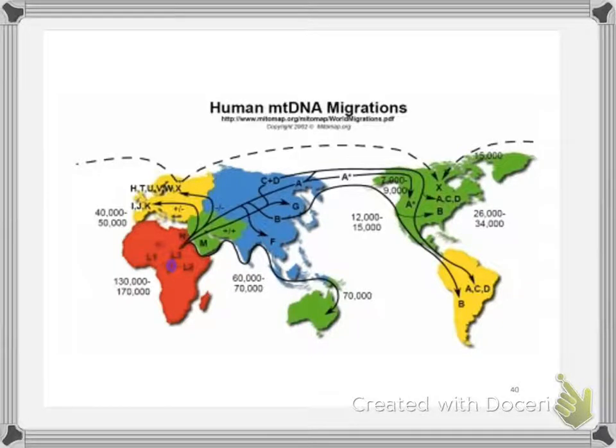So scientists theorize that the first humans were in Africa, and through tracing mitochondrial DNA, they found that some humans stayed in Africa, others began to migrate to different parts of the world, including Europe, the Middle East, Asia, and then crossing over through Alaska, they were able to go into North America and then South America.